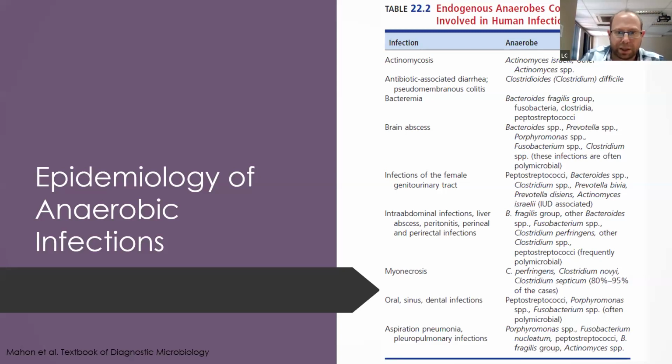Things like actinomycosis caused by Actinomyces israelii, antibiotic-associated diarrhea, we've just mentioned, varying forms of bacteremia, brain abscesses or abscesses anywhere for that matter, which are often polymicrobial, infections involving the female genitourinary tract, diseases like bacterial vaginosis, intra-abdominal infections, liver abscesses, peritonitis, perirectal infections, diseases like clostridial myonecrosis, certainly chronic oral and sinus infections associated with polymicrobial infections, including anaerobes, things like aspiration pneumonia.